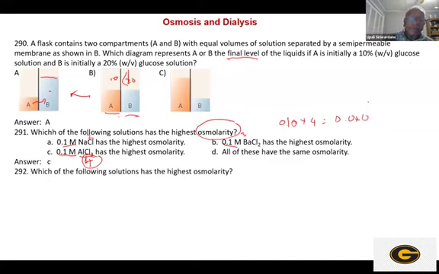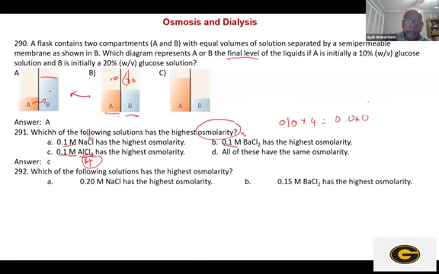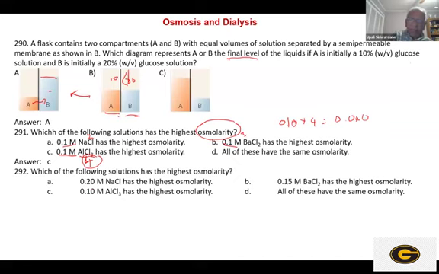Which of the following has highest osmolarity? Similar question. Now their molarities are different. Therefore, osmolarity here is 0.40 multiplied by 2. This multiplied by 2.